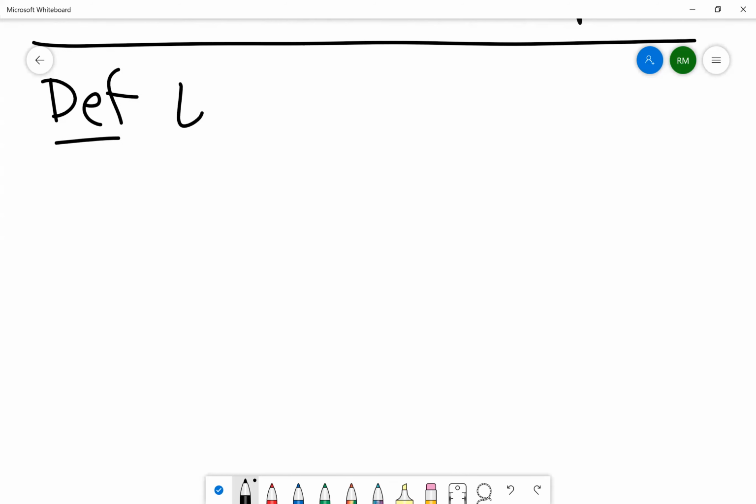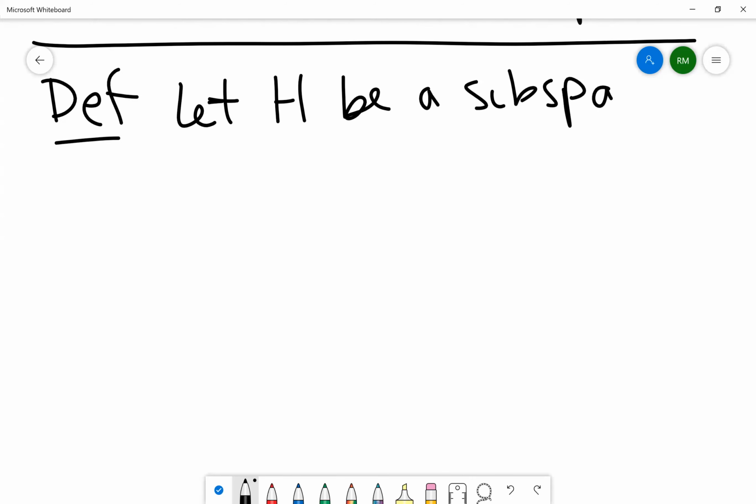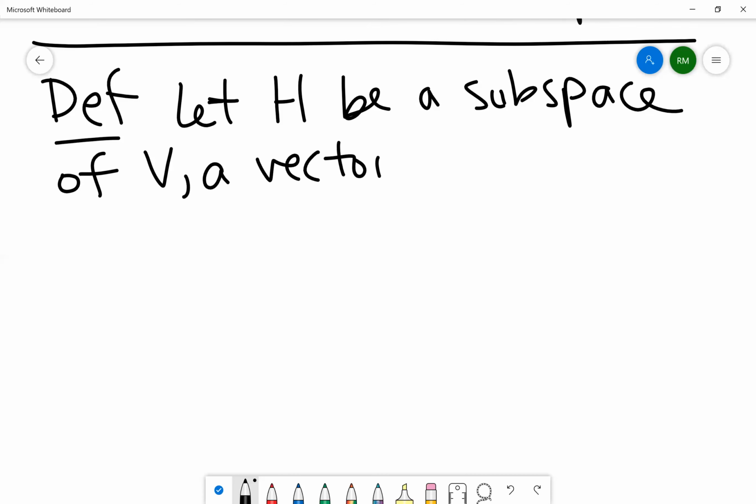Let H be a subspace of V, which is a vector space. Remember, at some point, we identified all the criteria for being a subspace.